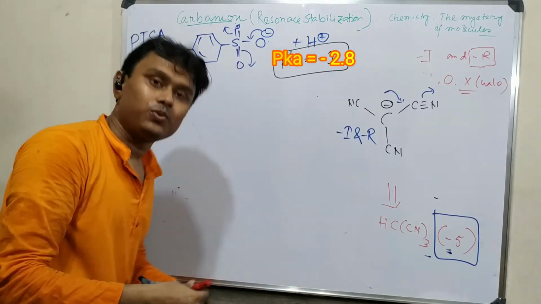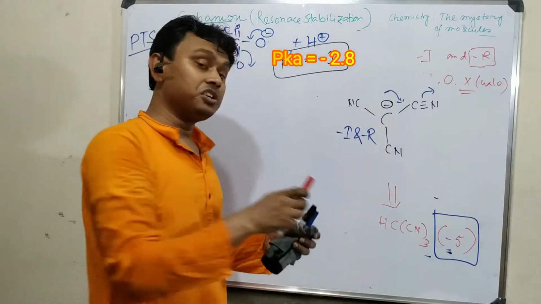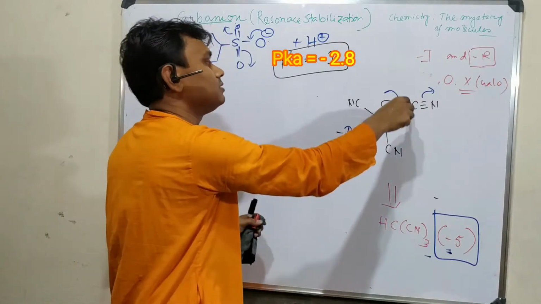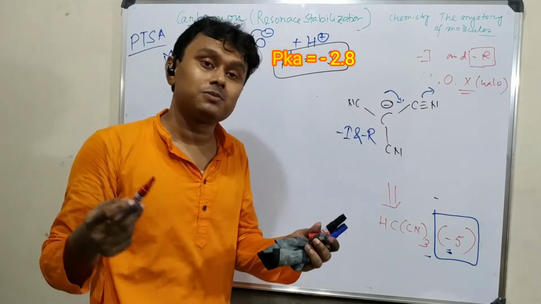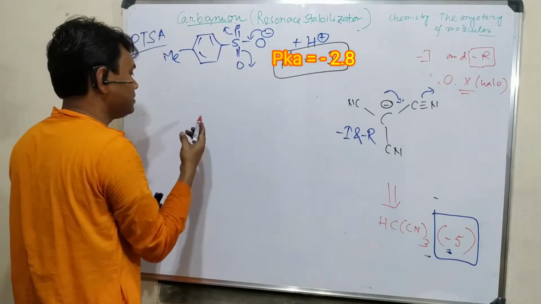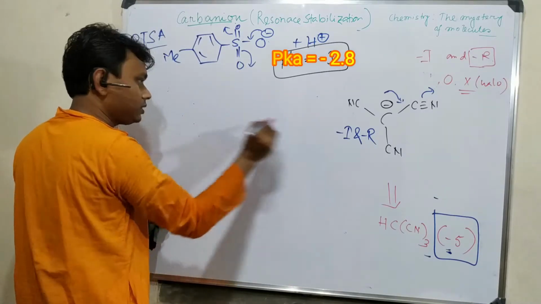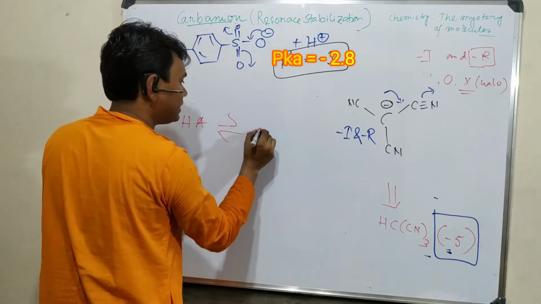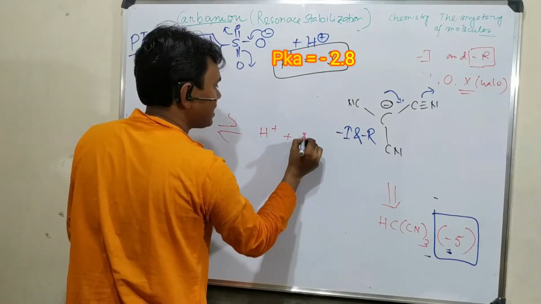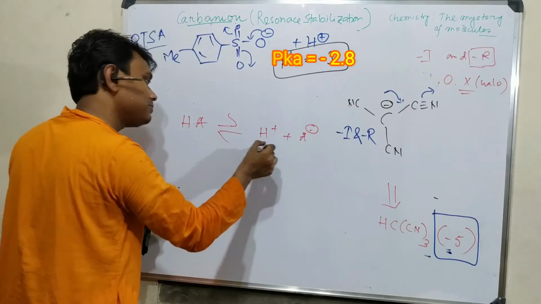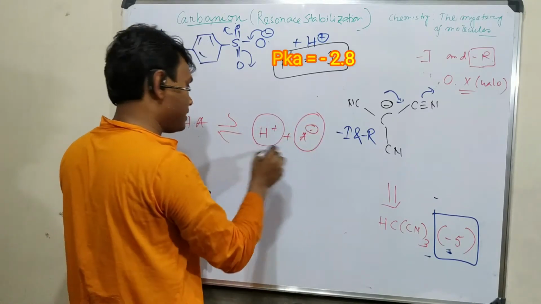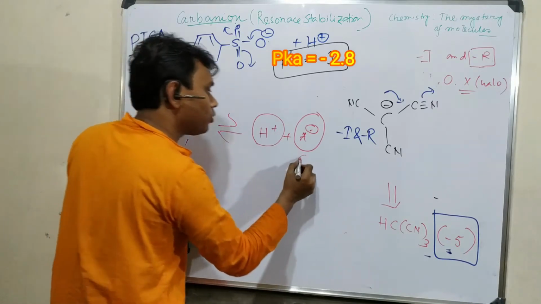So what message do I want to give? If delocalization is possible to an extreme extent, then this carbanion could be a stable species. And what does acid mean? If we consider an acid HA, it forms an equilibrium with H plus and A minus, and the acidity depends on the stabilization of this proton as well as this; this is the acid and this is the conjugate base.